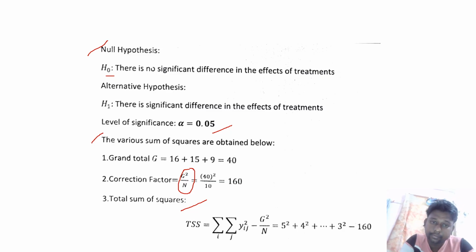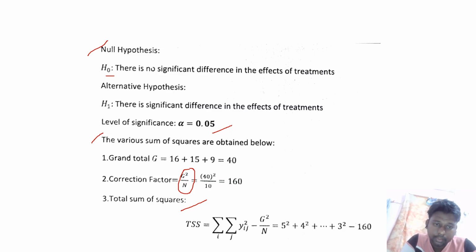Calculating the Ti, we get the column totals: 16 for A treatment, 15 for B treatment, and 9 for C treatment, and the total is equal to 40. The N value is the number of samples. We have 10 plots, so N is 10.